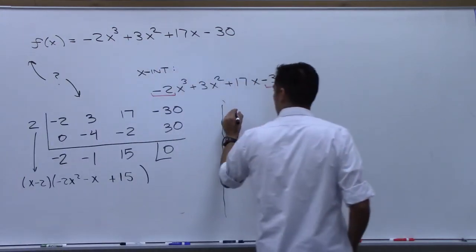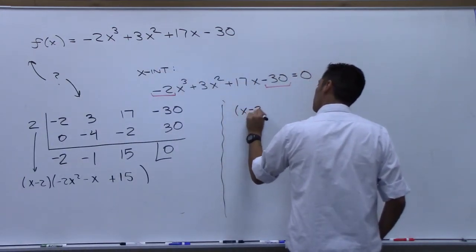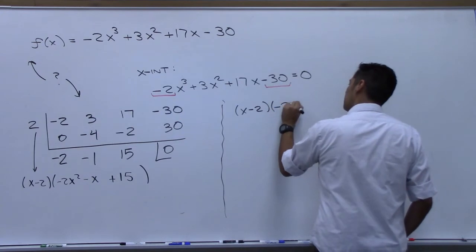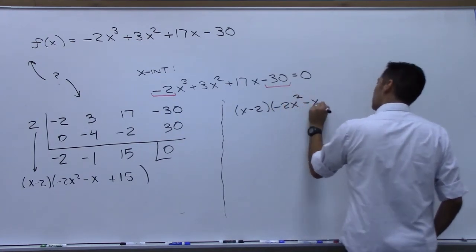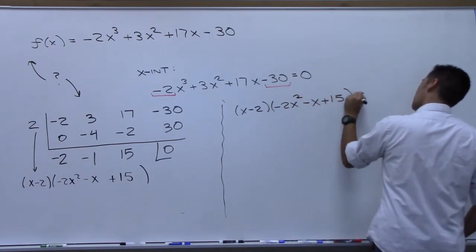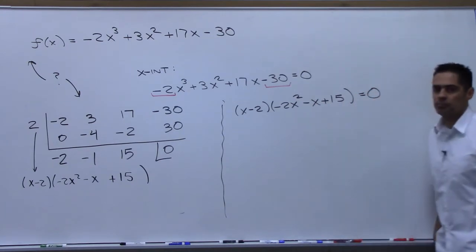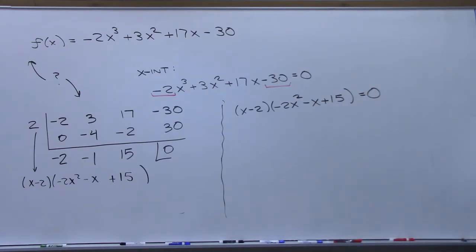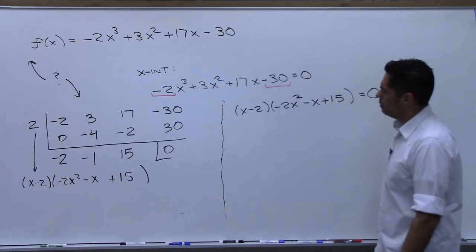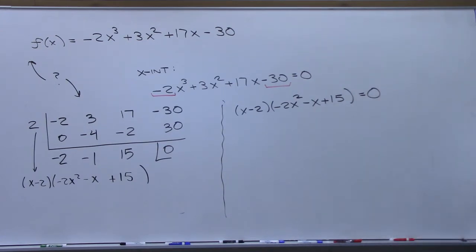So here's where I am. I'm at x minus 2, -2x squared minus x plus 15 equals 0. And then that would become x minus 6 and x plus 5. No, that won't work. Oh, yeah, you got to have a -2.